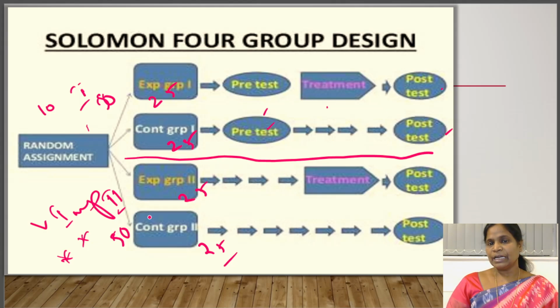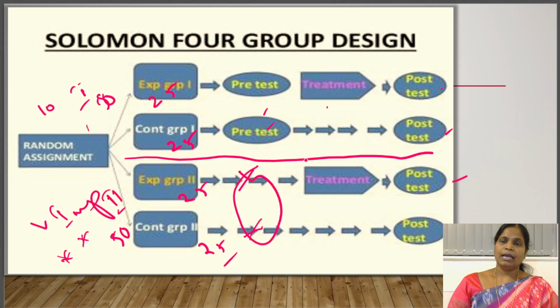And apart from that, in group 2, experimental and control group, pre-tests are missing. There is no pre-test here. Only treatment is given and post-tests are done.